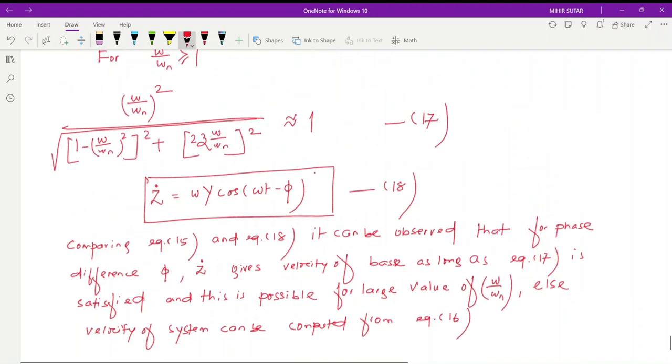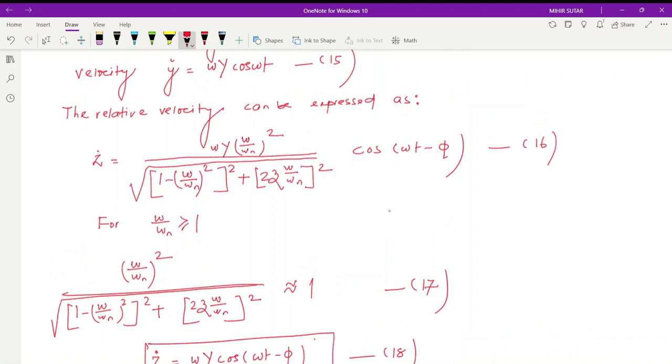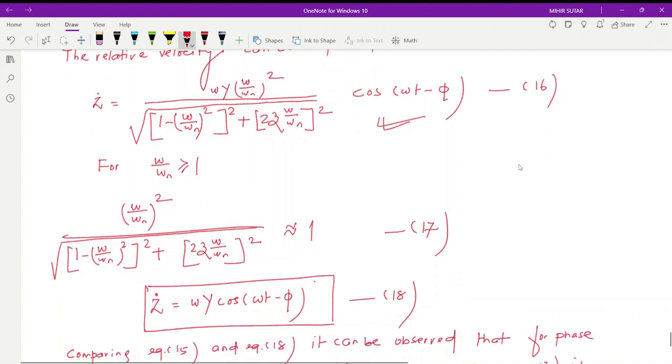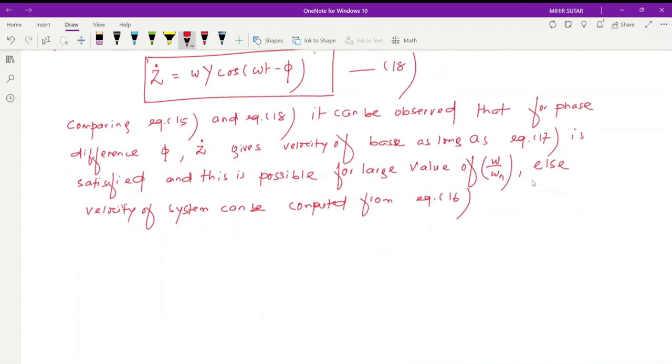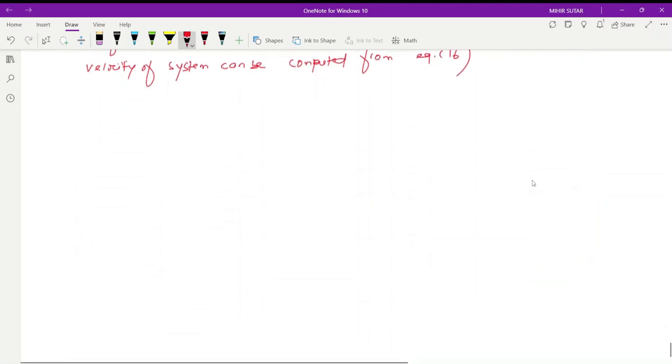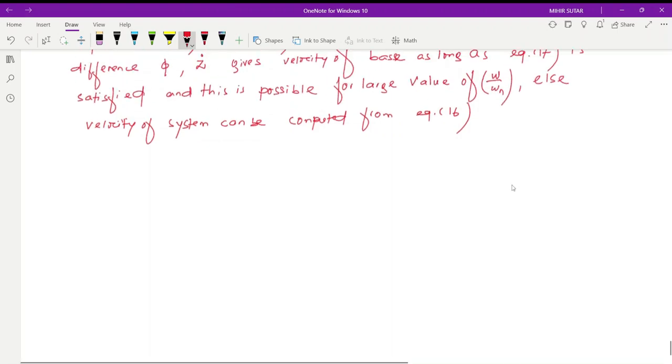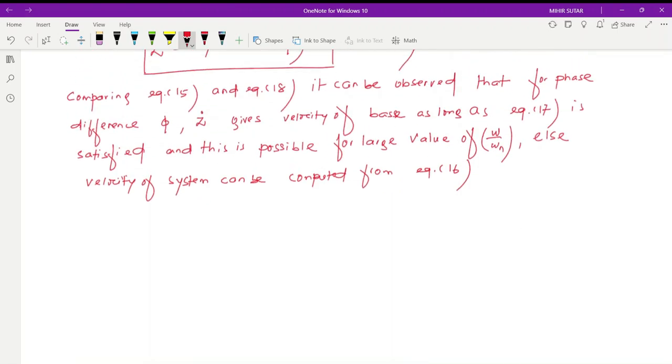What was our equation 16? This equation. Then we'll proceed further for transducer. Okay. Thank you.